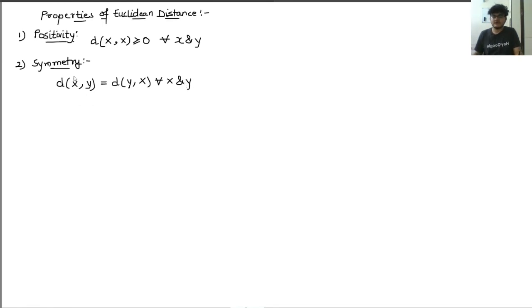So now we have two properties, and we have the last property, which is the triangle inequality.